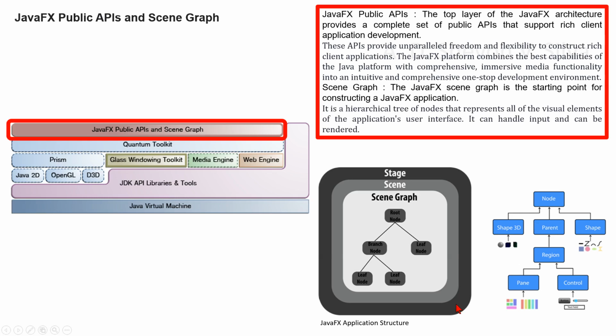Then that scene graph may contain nodes. A node may be any object of the user interface, like text area, button, shapes, media, etc.